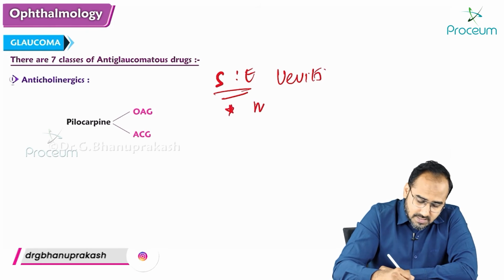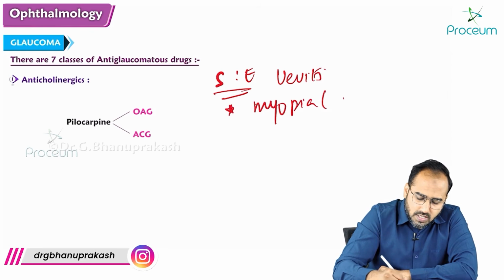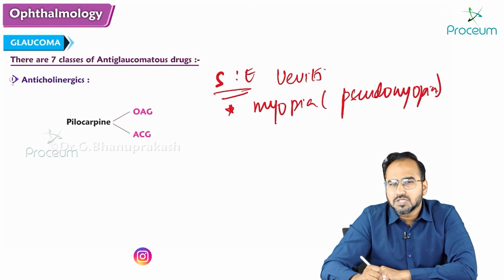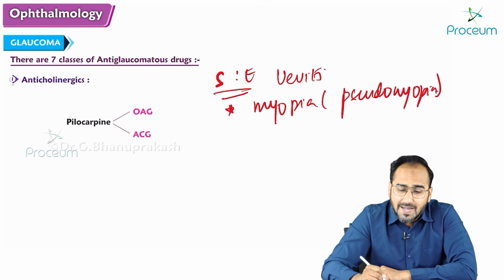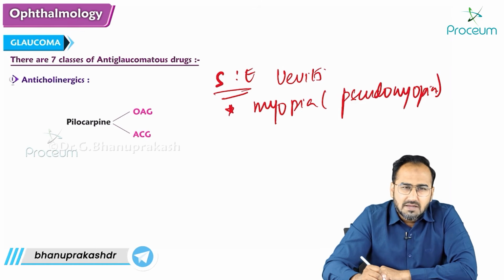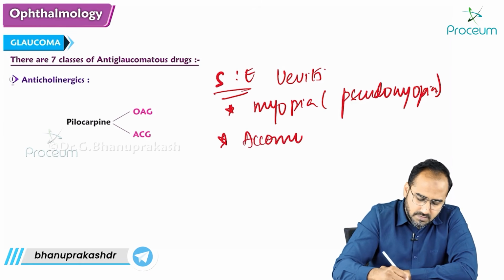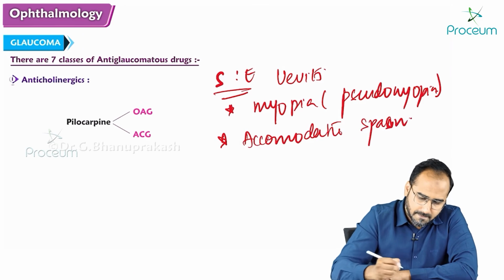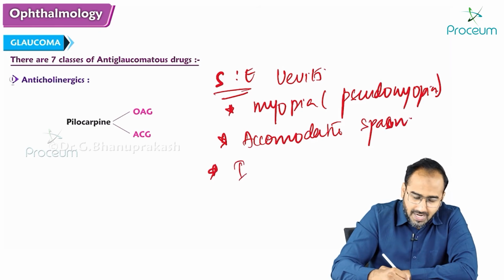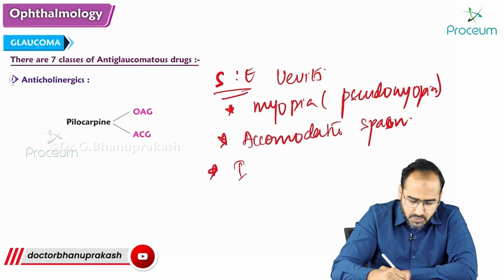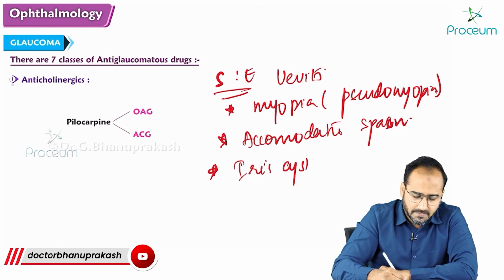Apart from uveitis, myopia or pseudomyopia can occur. Accommodation spasm can occur, that is, the ciliary body might undergo spasm with pilocarpine. And sometimes a cyst might develop on the iris due to pilocarpine use, that is called an iris cyst.